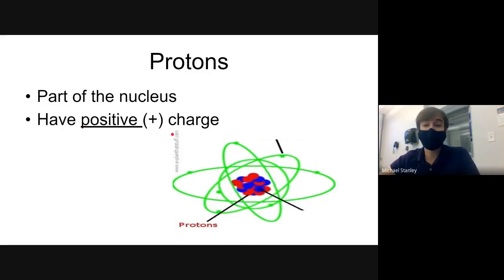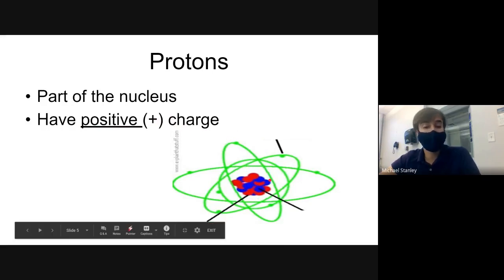So hopefully this is pretty easy to remember. Protons are positive, right? They both start with P, which is at least always how I remember it anyways. It helps me out. So the positive protons are hanging out down in our nucleus down here.